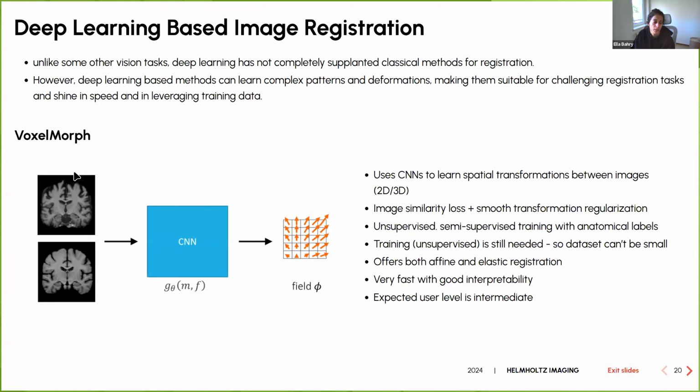So one tool that I want to mention is voxelomorph. And voxelomorph is a really nice approach because you don't need training data. You don't need to actually have a moving image and the registered image pair. All you have to do is have enough pairs of the fixed image and the moving image.